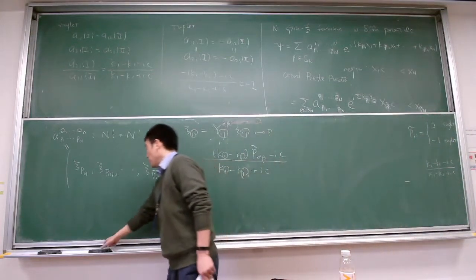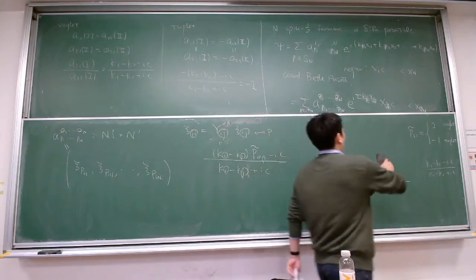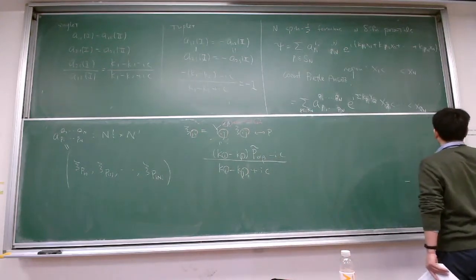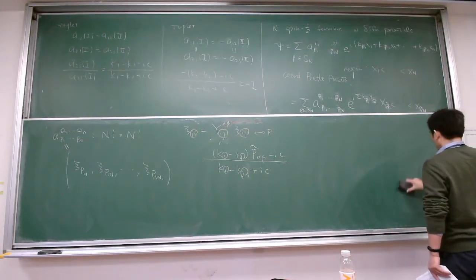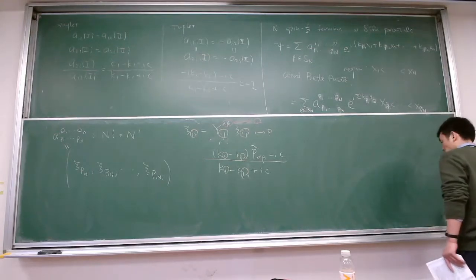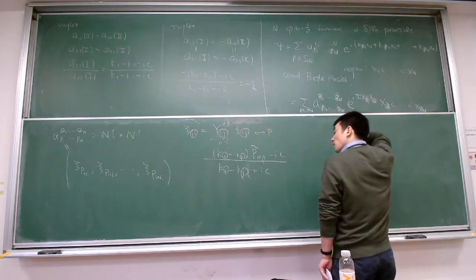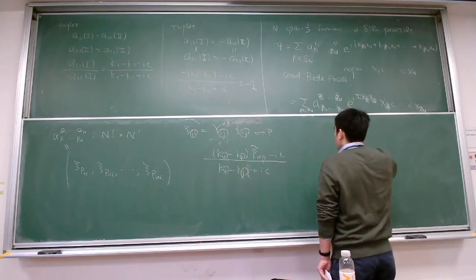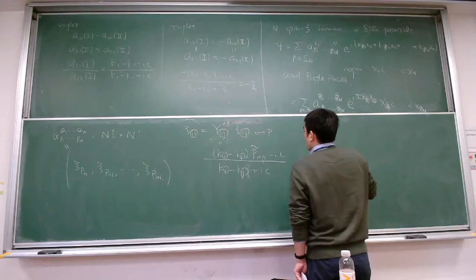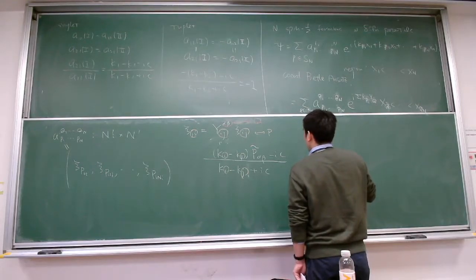Here P tilde alpha beta is when you swap the alpha and beta particles.